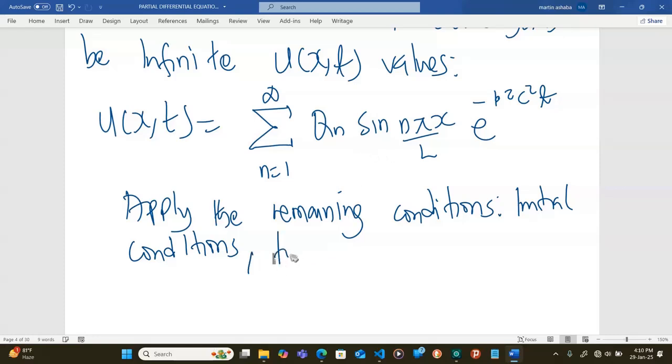The other values can be given, even L can be given, but we want to determine 2n.